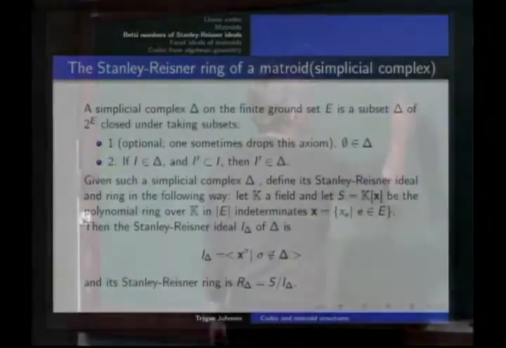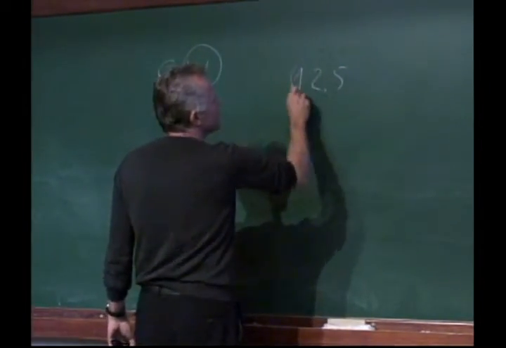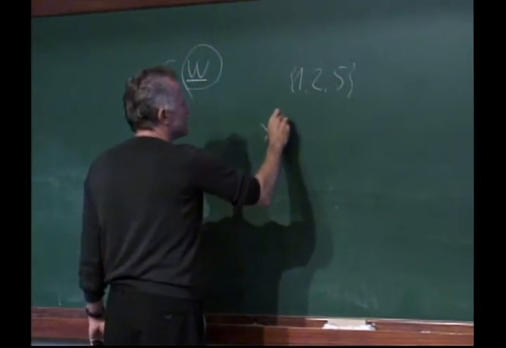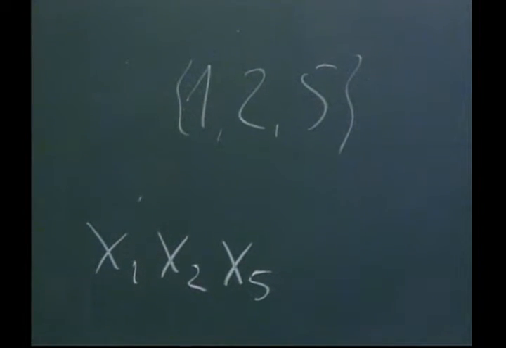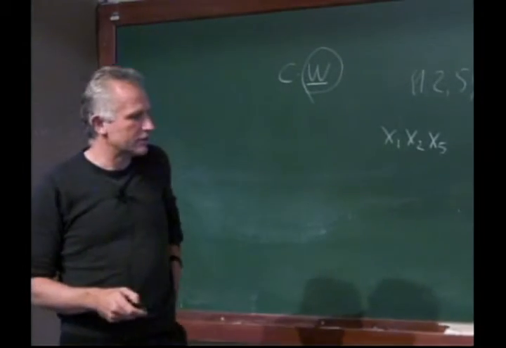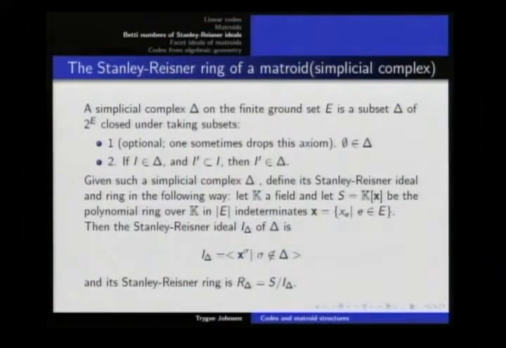I mean, if {1, 2, 5} is not in the simplicial complex, it means that x_1 x_2 x_5 is among the generators. So it is a square-free monomial ideal like that. And its Stanley-Reisner ring R_delta is S, which you have up there, divided by I_delta.